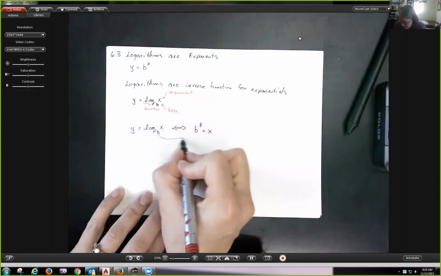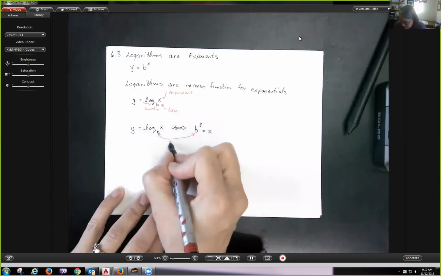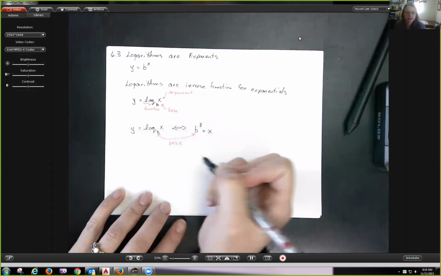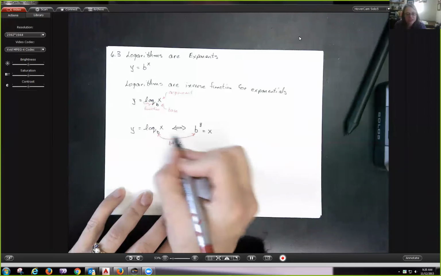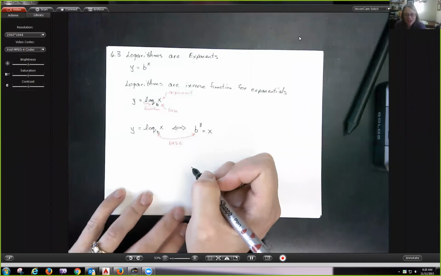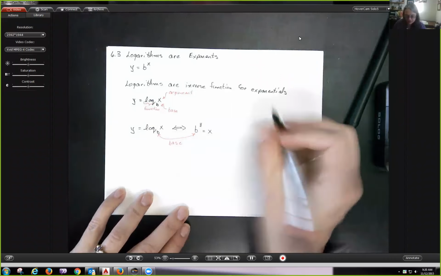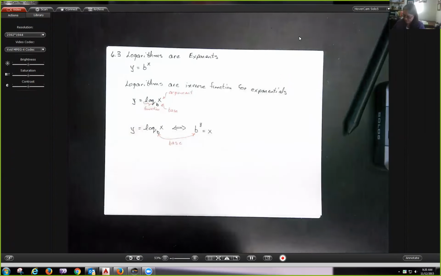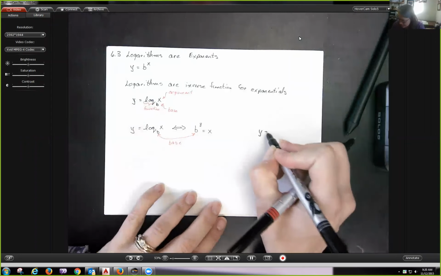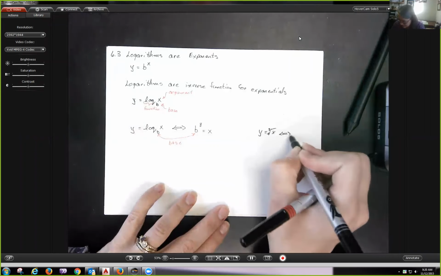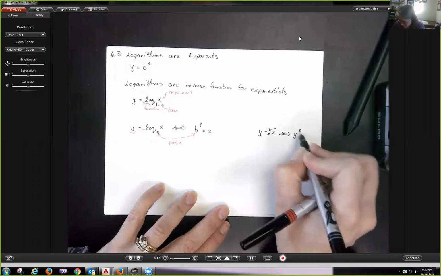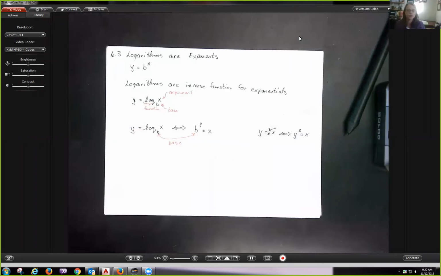B, the base, is the base in both the logarithmic and the exponential forms. These two equations say exactly the same thing. It's the same thing as saying y equals the cube root of x. That is exactly the same thing as saying y to the third power equals x. Those are two ways of saying exactly the same thing.